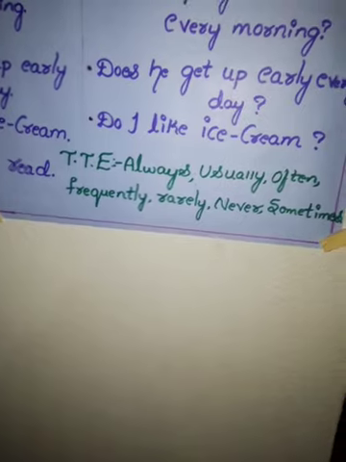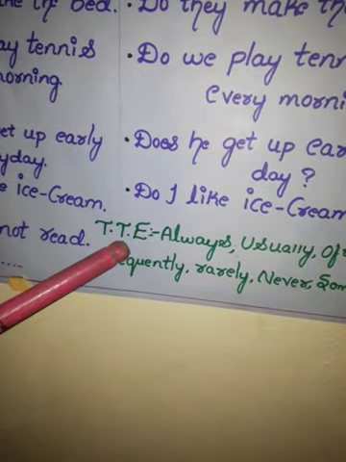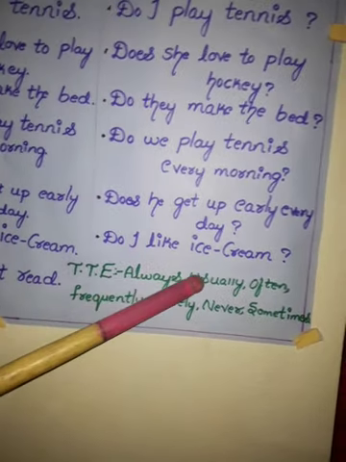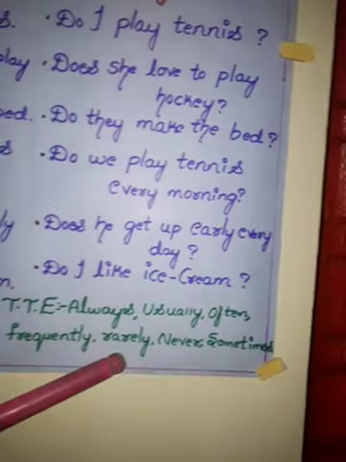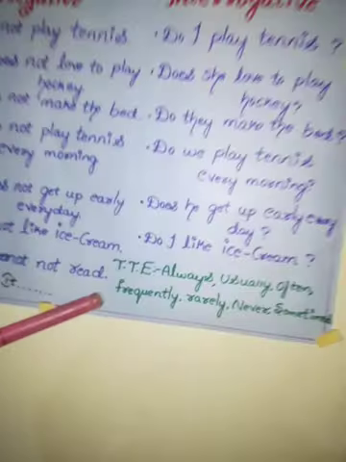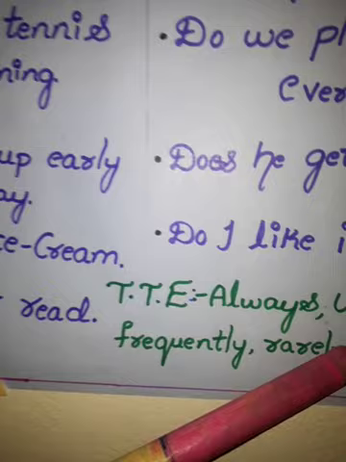Now, how can we know that a sentence is in simple present tense? By looking at time expressions like always, usually, often, frequently, rarely, never, sometimes. By looking at all such expressions, we can say that a sentence is in simple present tense.